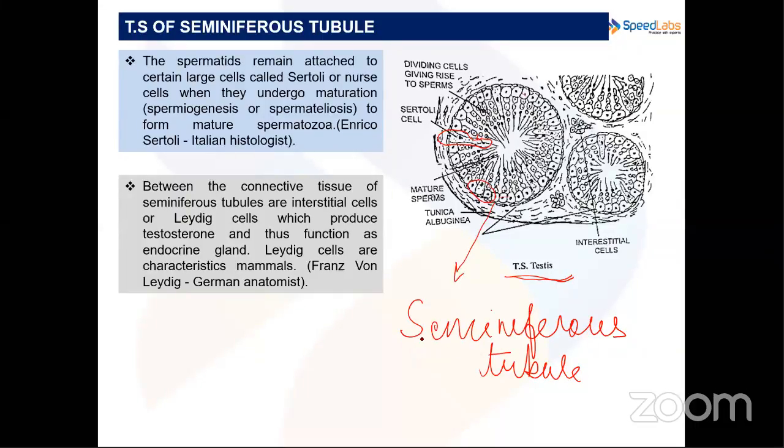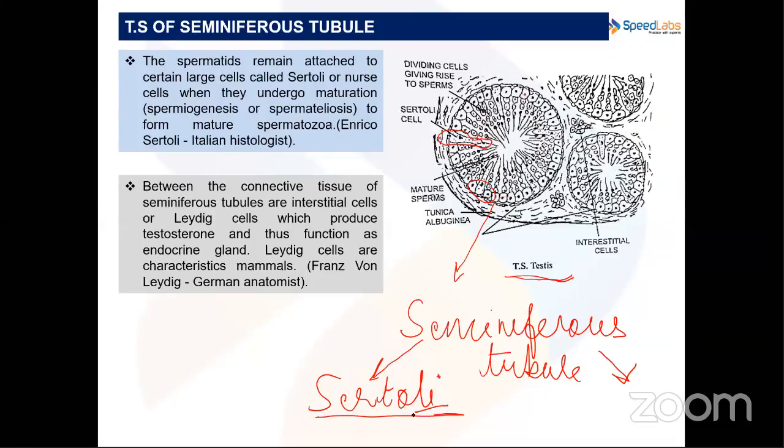So what are the two cells present inside the seminiferous tubule? You have the Sertoli cell, which is very important. I'll tell you the importance of Sertoli cells. They support, protect, provide nourishment and activate the sperms. Activate as in, during spermatogenesis, the sperms, after being produced, are embedded into the membrane of the Sertoli cells.